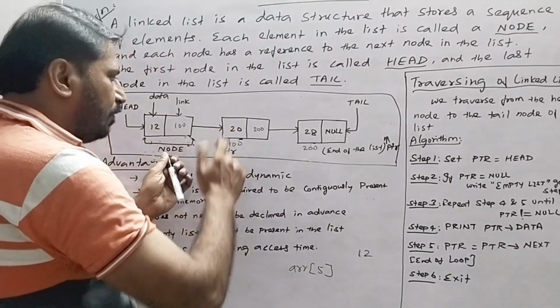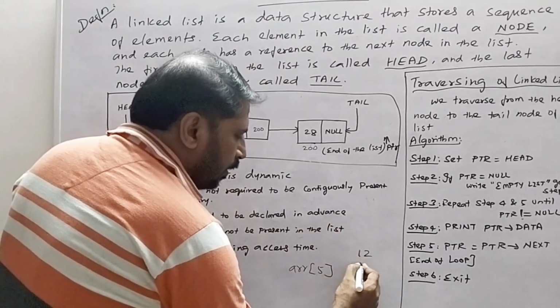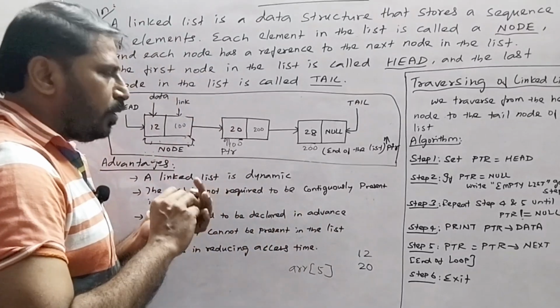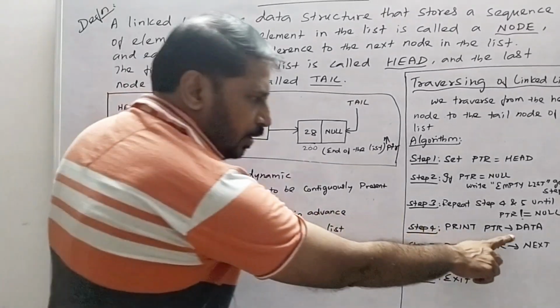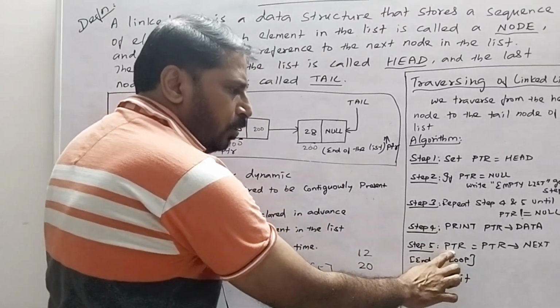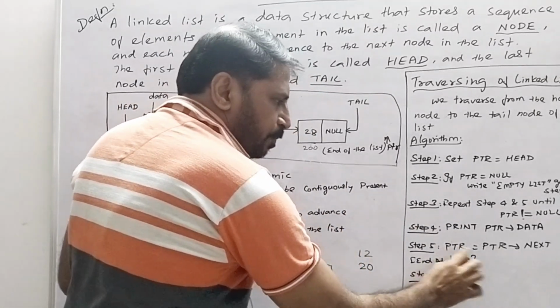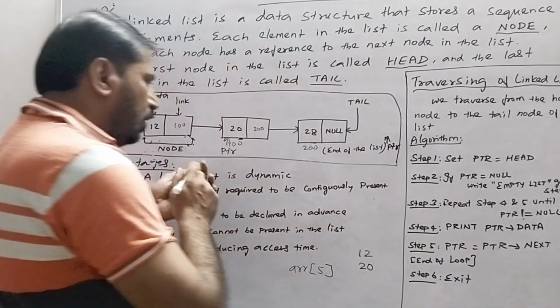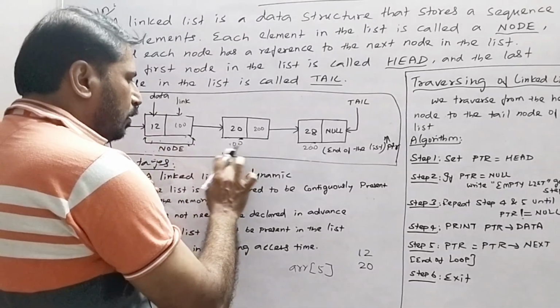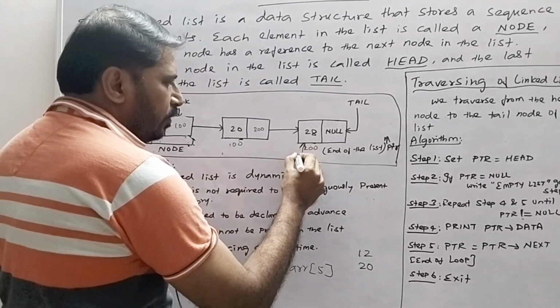The data value is 20, so I print 20. After printing the data, I have to move to the next node. This step is pointer equal to pointer next, so the pointer comes here. This is the pointer now.